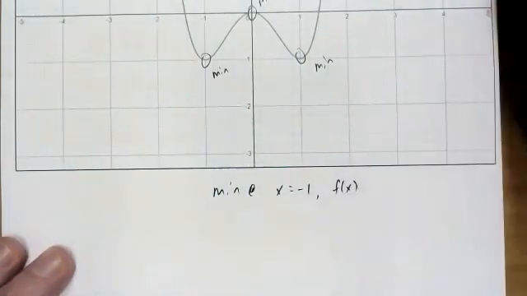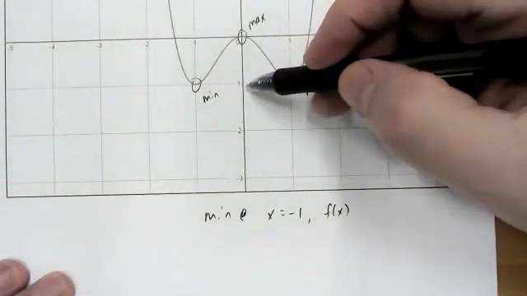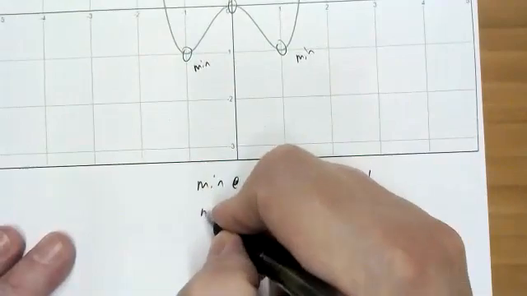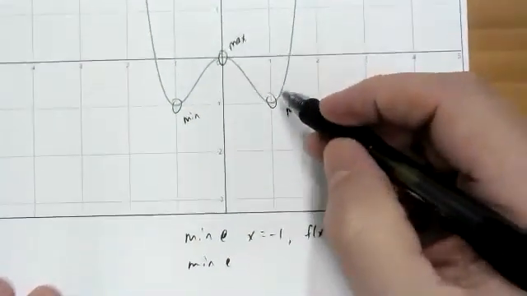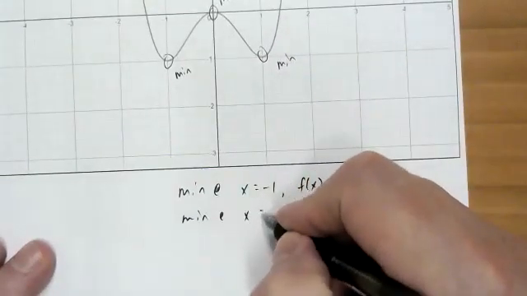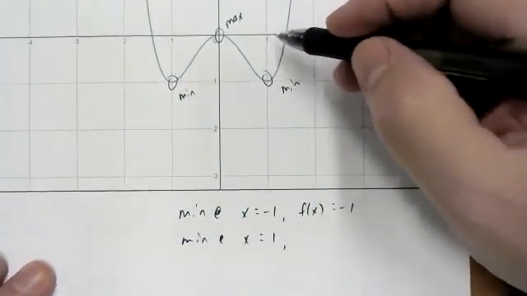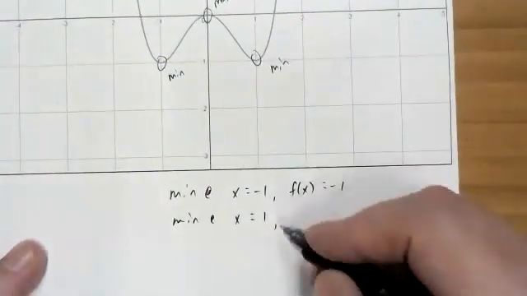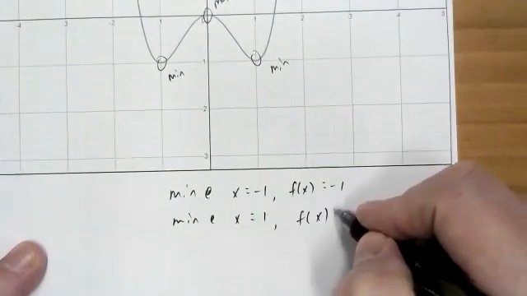And at that minimum, the value of the function is -1. The second minimum is at x equals 1. And the value of the function for this minimum is -1.